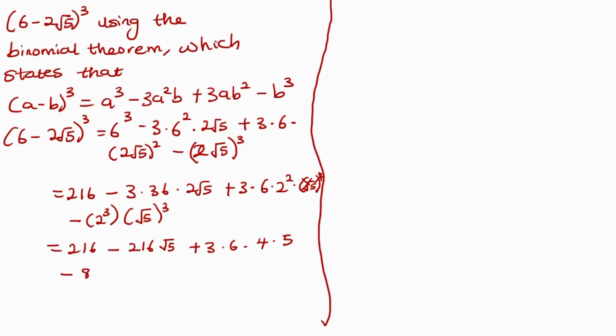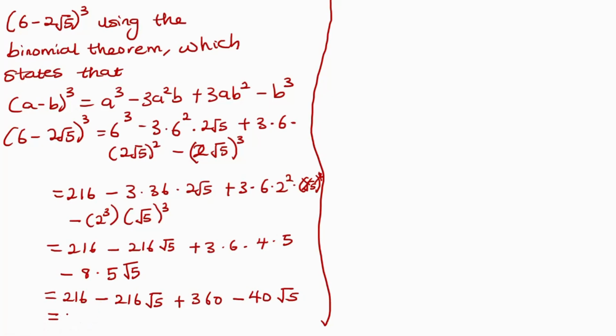Now root 5 raised to the power of 3 is going to give us 5 root 5. So let's expand. We have 216 minus 216 root 5 plus 3 multiply 6 multiply 4 multiply 5, which is going to give us 360, minus 8 multiply 5 is 40, so we have 40 root 5.